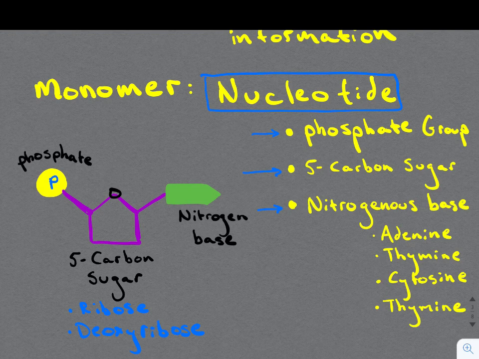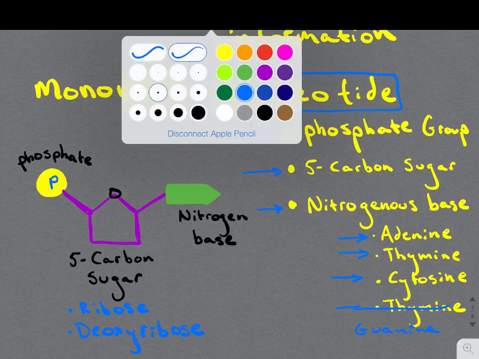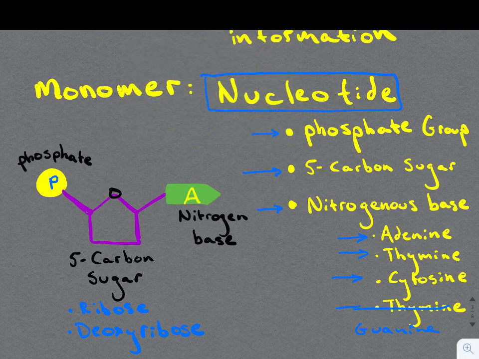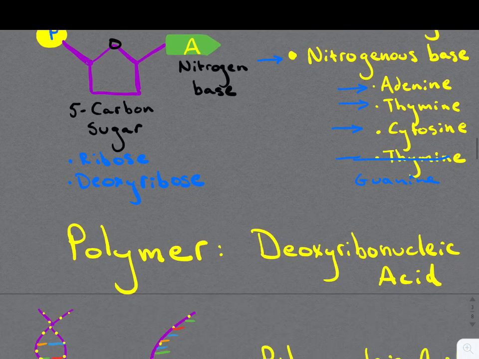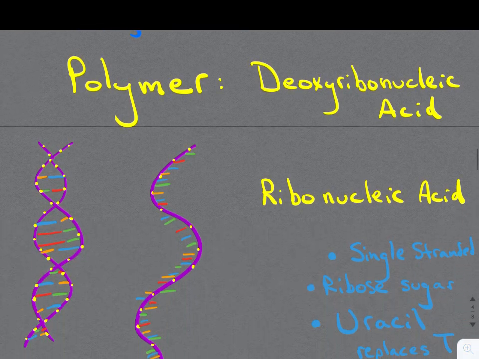You can have one of 4 in DNA, either adenine, thymine, cytosine, or guanine. And we just refer to these by their first letters, A, T, C, or G. This one here we will call adenine. So that's the monomer form.